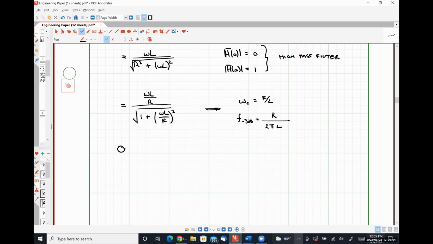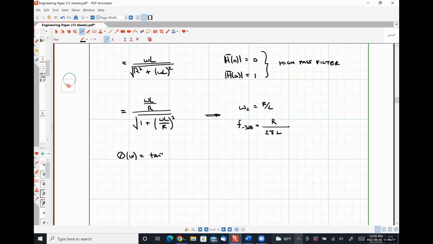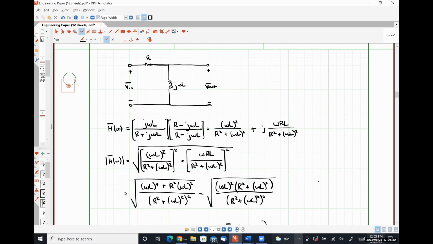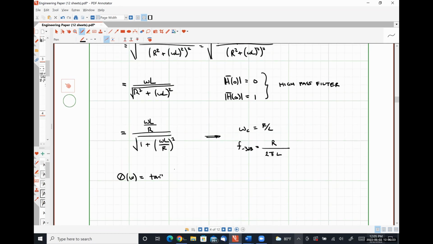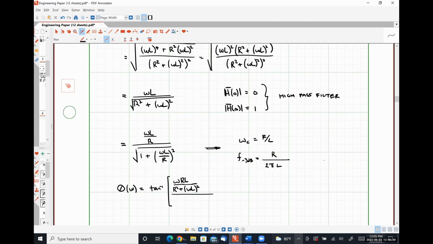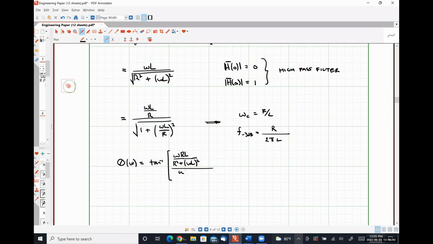Our phase response, theta as a function of omega, is equal to the inverse tangent of the imaginary part, which was omega RL over R squared plus omega L squared, divided by the real part, which was omega squared L squared over R squared plus omega L squared.